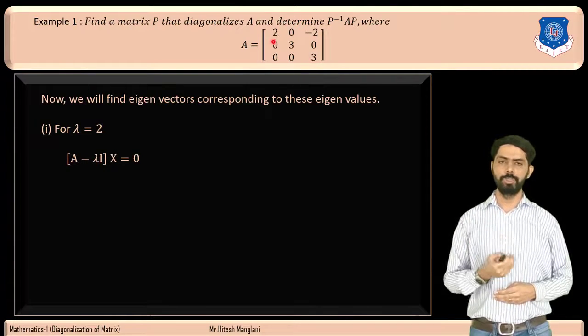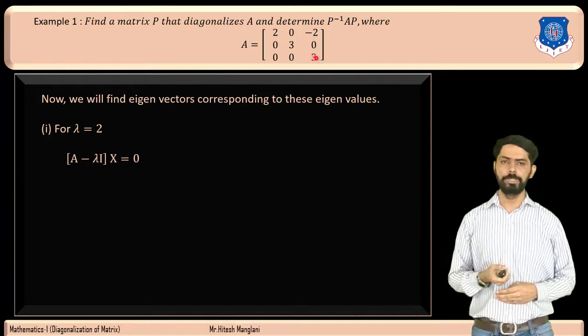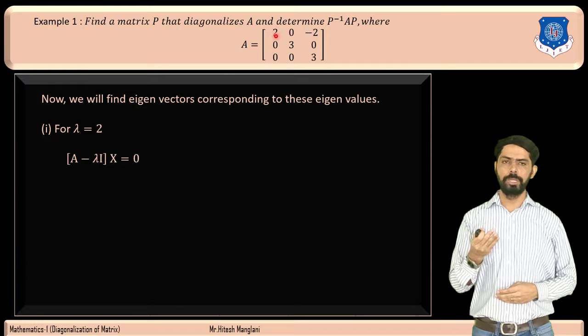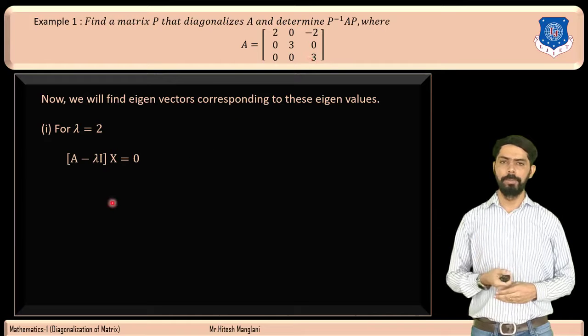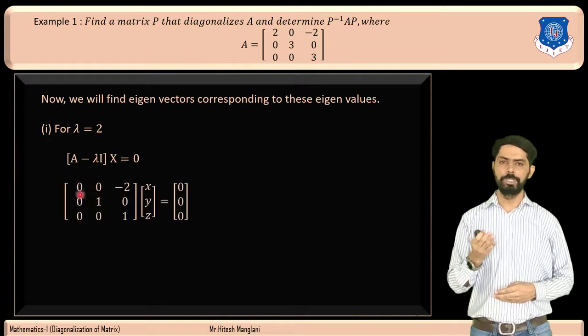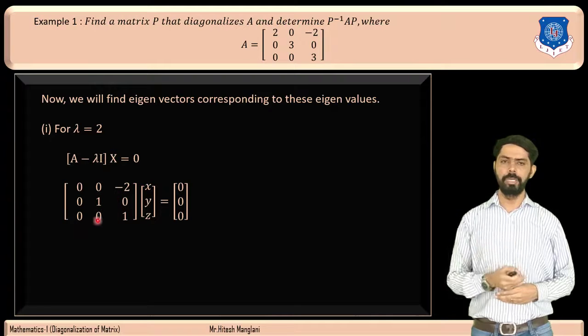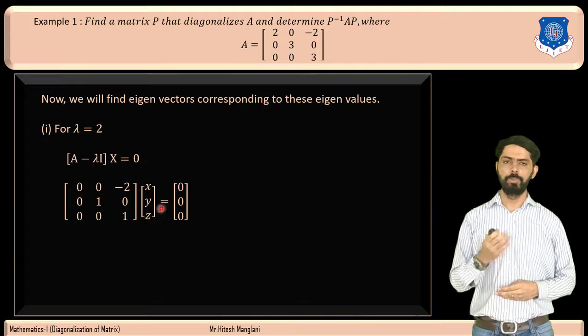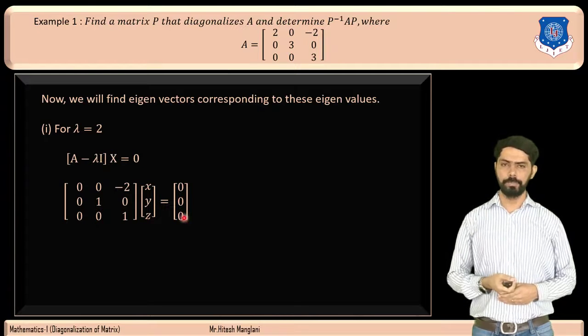Here lambda is 2, so 2 minus 2 is 0, 3 minus 2 is 1, and 3 minus 2 is 1. So the matrix is 0, 0, minus 2, then 0, 1, 0, then 0, 0, 1, and capital X is x, y, z equal to 0, 0, 0.